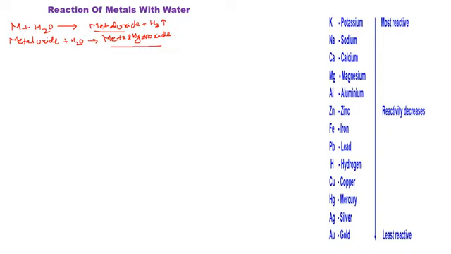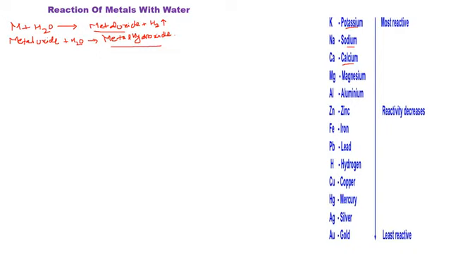Now I have taken a reactivity series here. Why? Because all these metals in the reactivity series are in increasing or decreasing order of reactivity. That means the upper elements, that is potassium, sodium, calcium, are highly reactive metals. Magnesium, aluminium, zinc, iron and lead are less reactive elements, and the elements which are below hydrogen, of course, are the least reactive elements.